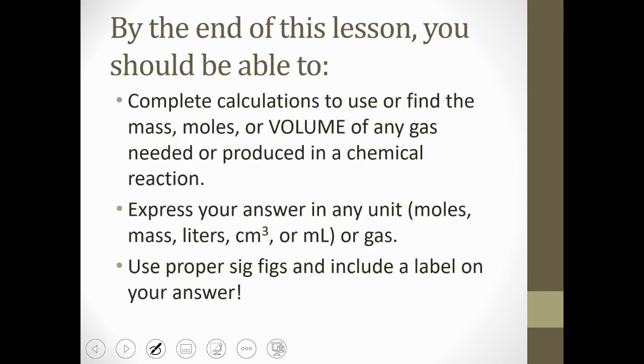And to do that, we're going to need a new piece of information called the molar volume of a gas, so that we can add that in as another thing we are able to use in our stoichiometry problems. We're also going to practice other units of volume like liters, milliliters, centimeters cubed. And we're going to continue to use proper sig figs and add labels on our answers.